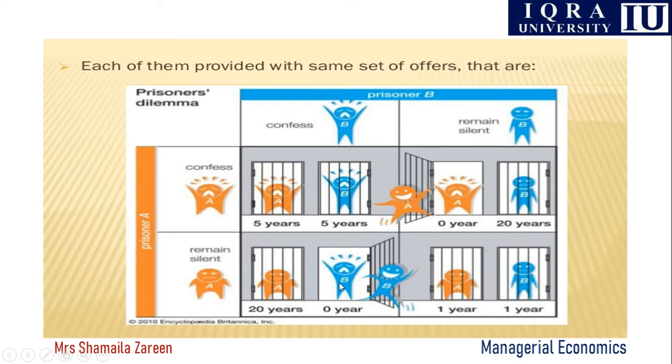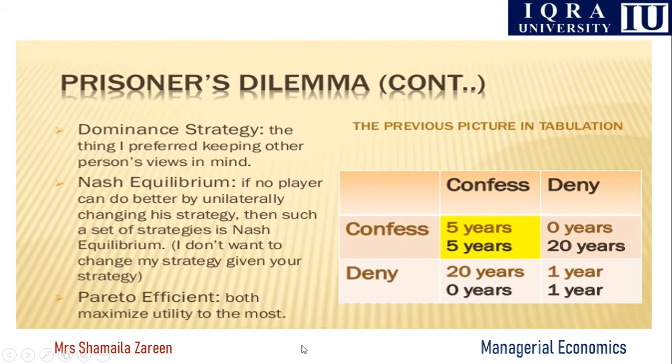So this will be the best strategy for prisoner A and prisoner B. Both will confess, and they get 5 years and 5 years. This is the box where both prisoners have the same payoff. This will be the Nash equilibrium.